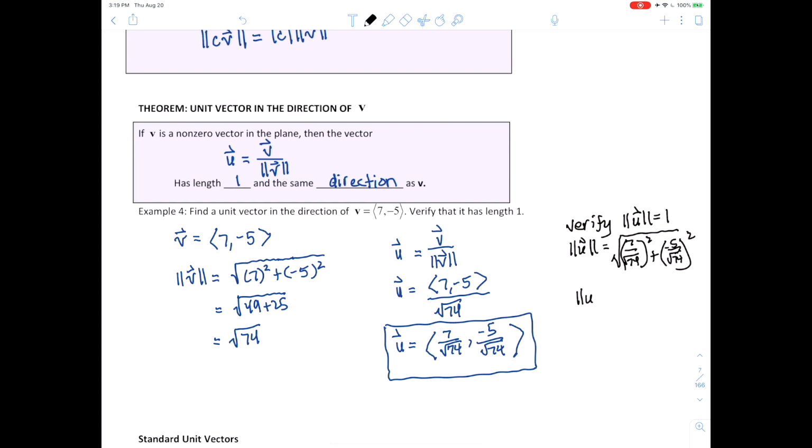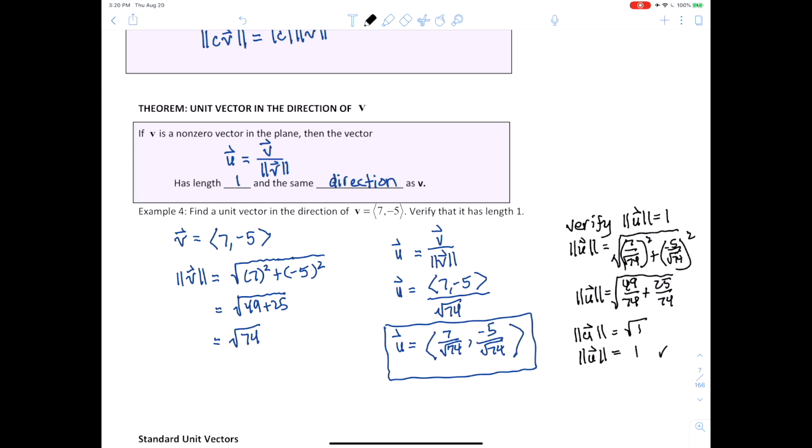So the magnitude of U will be 49 over 74 plus 25 over 74 under a radical. So we'll get the magnitude of U is equal to, what's that, 74 over 74, which is root 1. So length is positive, and actually we have a scalar in there anyway, so it's the absolute value of 1, so we get 1. So check, we're done.